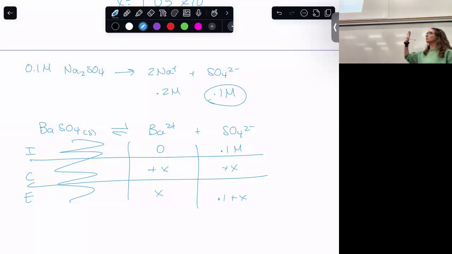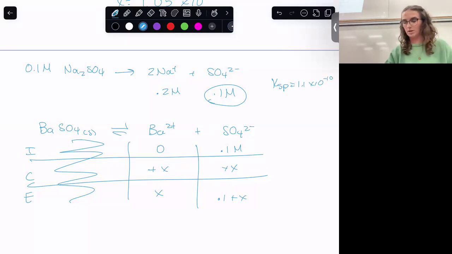We can call the plus X for the sulfate ion negligible because of a couple of reasons. One, KSP is 1.1 times 10 to the negative 10th.